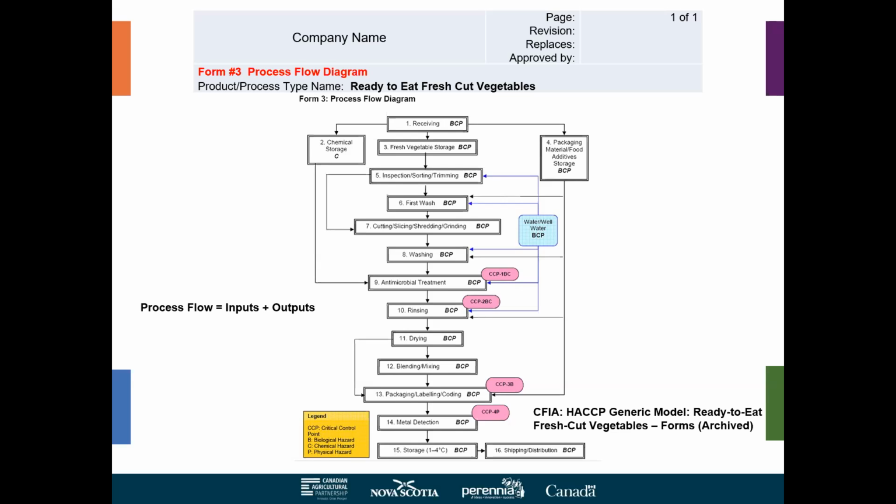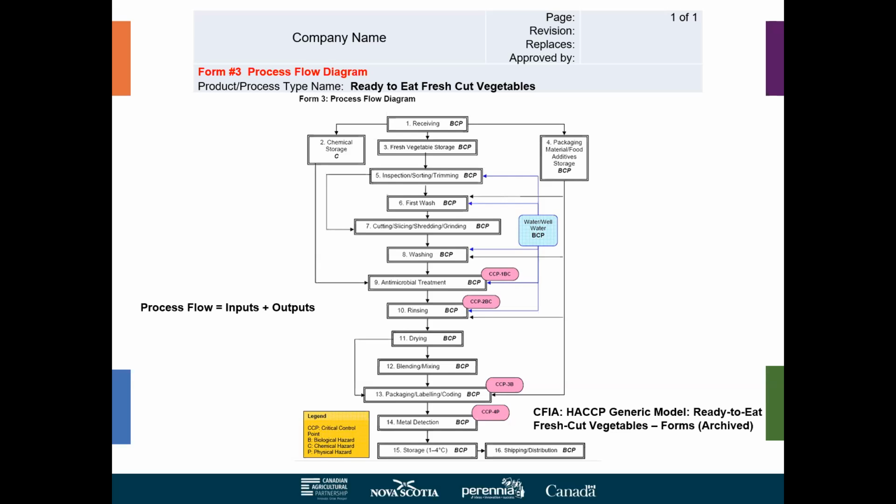Far too often we'll see clients take a process flow from the internet and we get there and we say, oh, well, where's your metal detection? And they'll look at us and say, we don't have a metal detector. Well, your process flow says you have a metal detector. So if you are using generic models, just make sure you tailor them to your specific process.